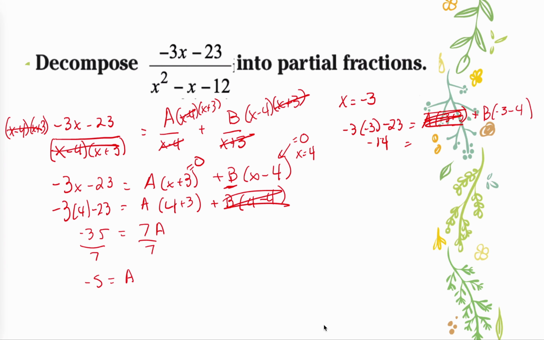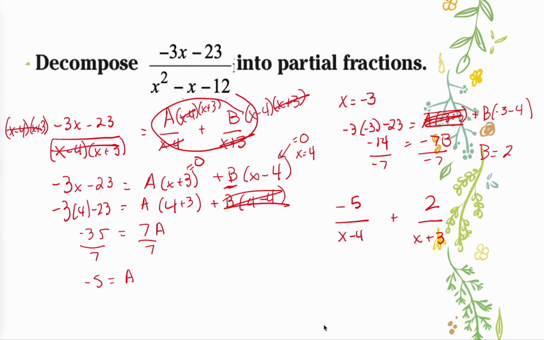This becomes 0 and goes away. And this is negative 7b, which is going to give us b equal to 2. So we're going to get an answer that is negative 5 over x minus 4 and 2 over x plus 3.